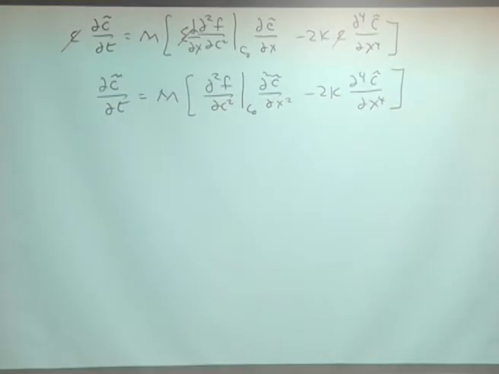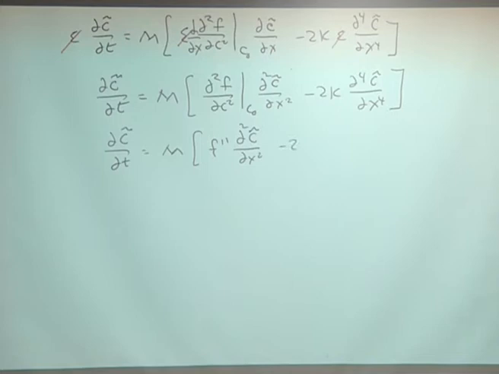And so basically, now, rather than having this term be a function of composition, it's a constant. And just to make life easy, I'm going to write the second derivative minus 2k. Looks like that. Okay, so f double prime.